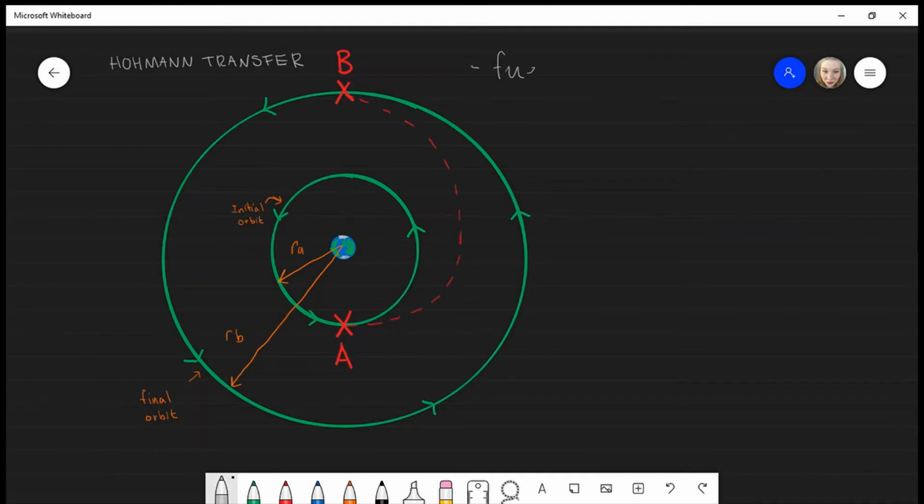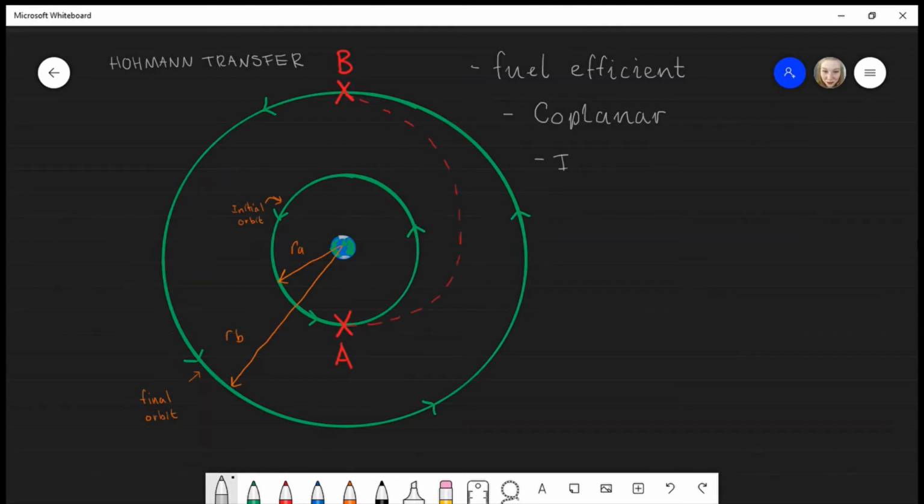The Hohmann transfer is one of the fuel-efficient transfers. It's coplanar, which means that the initial and the final orbits are in the same plane, or in other words, there is no angle between the initial orbit and the final orbit. It just increases radially.